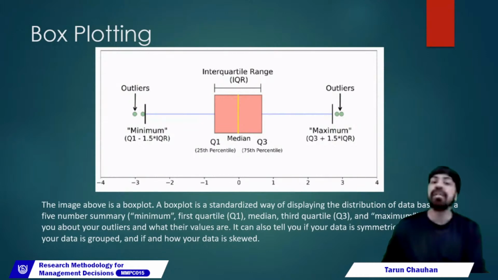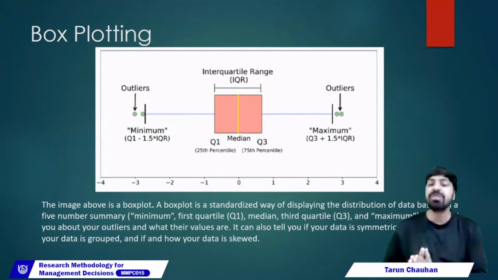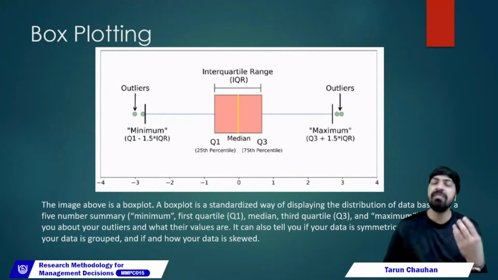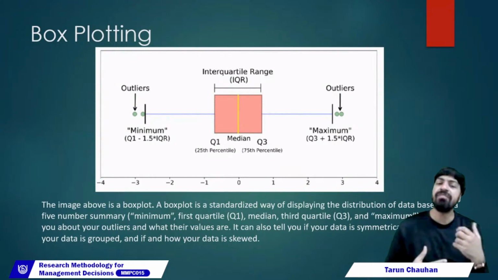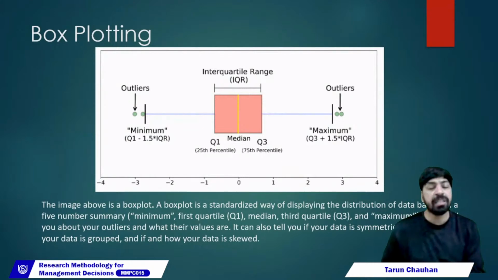The interquartile range is the difference between the third quartile and the first quartile, that means Q3 minus Q1. In mathematics, Q1 stands for the 25th percentile and Q3 stands for the 75th percentile.